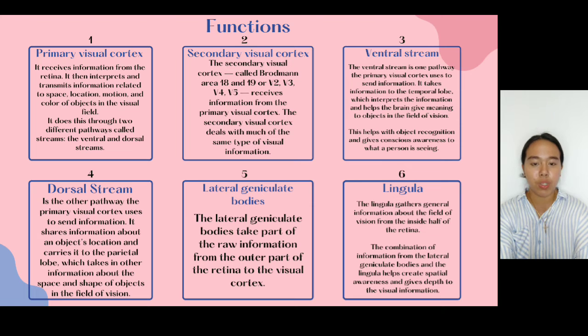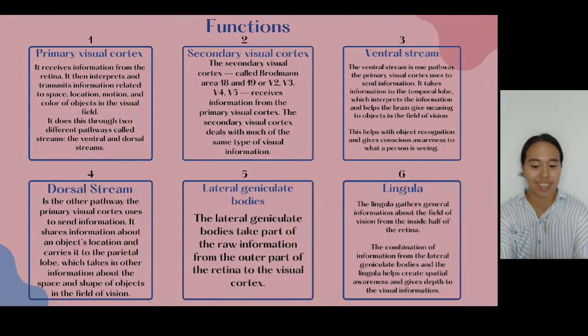Third is the ventral stream. The ventral stream is one pathway the primary visual cortex uses to send information. It takes information to the temporal lobe, which interprets the information and helps the brain give meaning to objects in the field of vision. This helps with object recognition and gives conscious awareness to what a person is seeing.